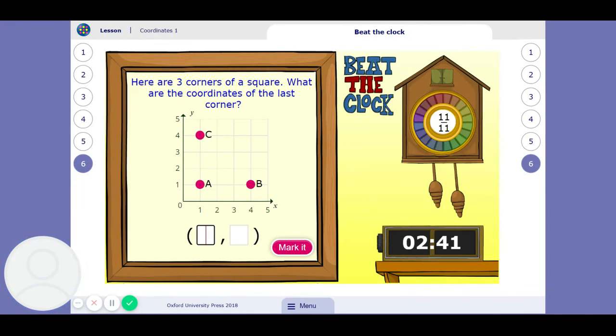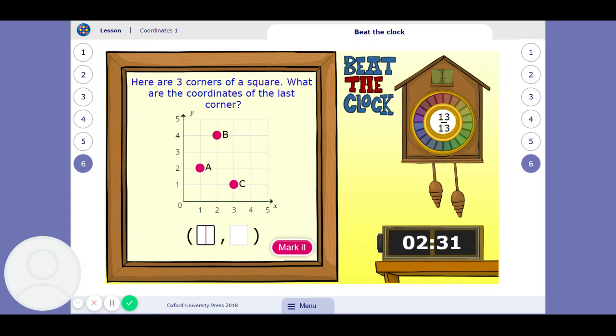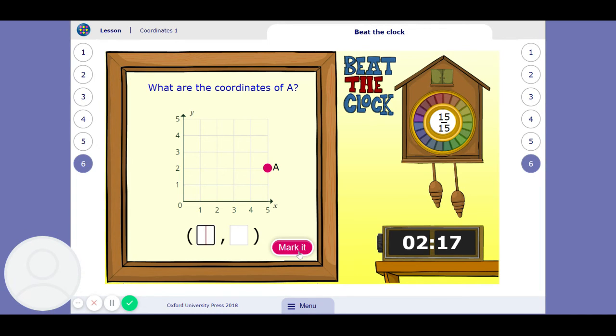Last coordinates of that square is going to be 4 across and 4 up. Halfway between here is 3 across and 3 up. Last corner of this square is going to be, I believe, 4 across and 3 up. Halfway between here is going to be 2, 2. Coordinates of A is going to be 5, 2.